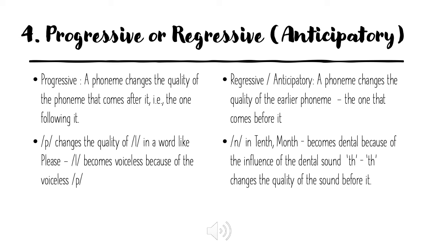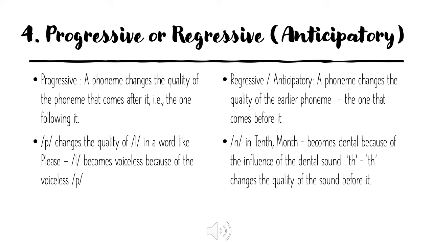But in a word like 10th or month, you will notice that the place where the n is produced is in a position closer to the teeth, dental. Why? Because it is very strongly influenced by the dental sound th that comes after it.